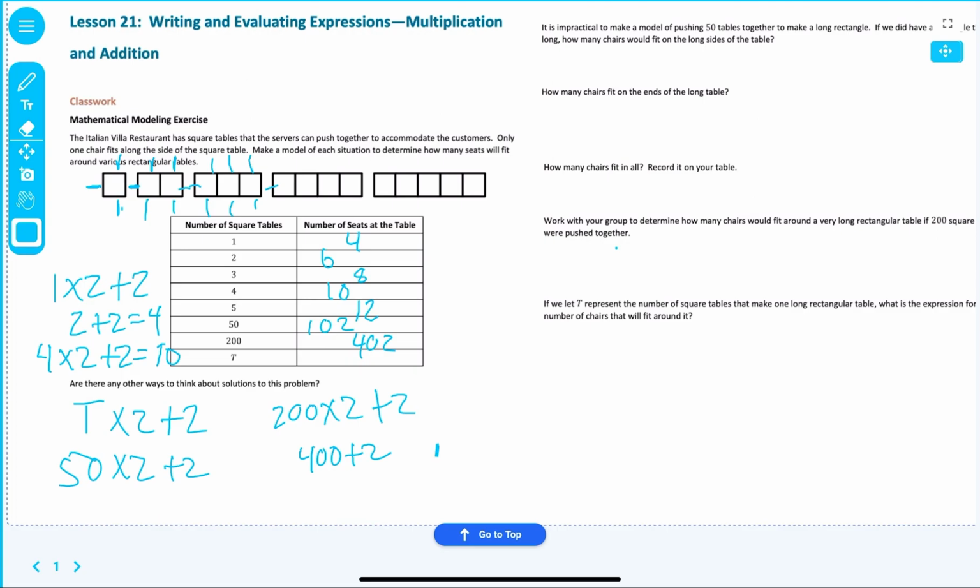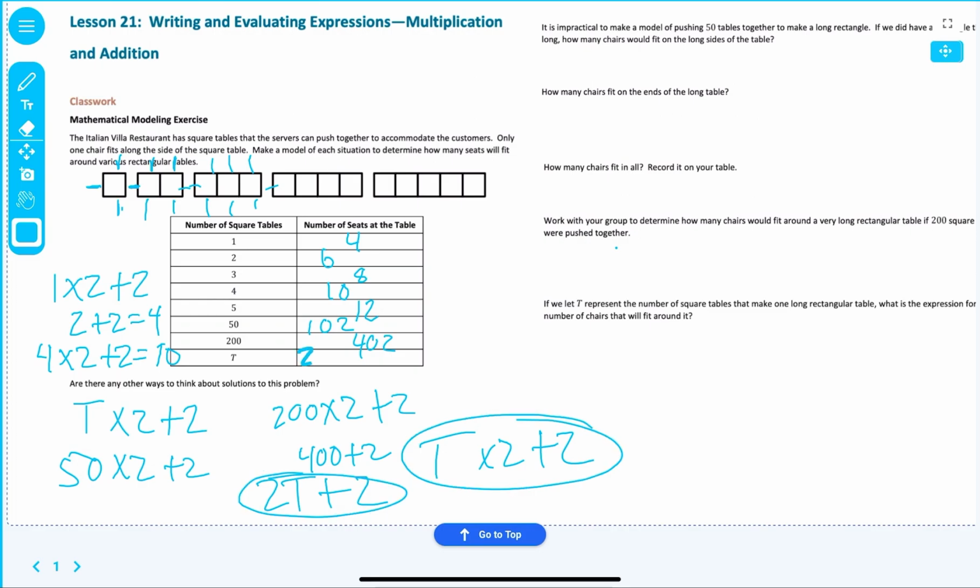Well, we would have to write that as t times 2 plus 2, or 2t plus 2. We can write that either way, right? So let's write it as capital T, since it's given to us as capital T, plus 2. So for any number of tables, we're going to multiply that by 2 and add 2.